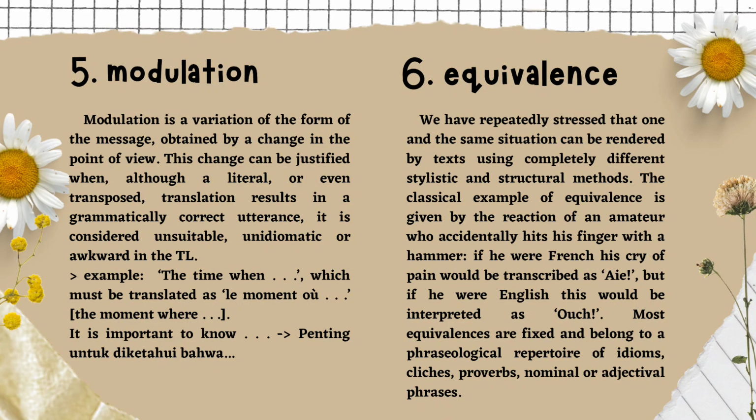Number 5. Modulation. Modulation is a variation of the form of the message obtained by a change in the point of view.